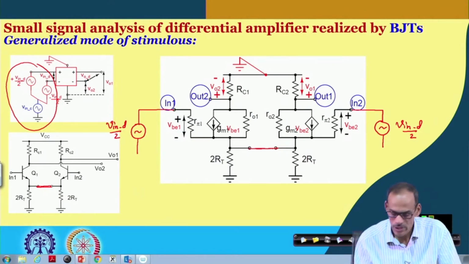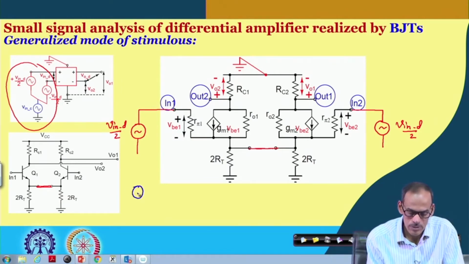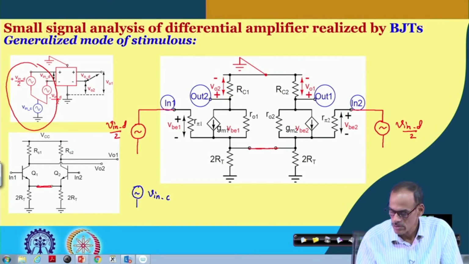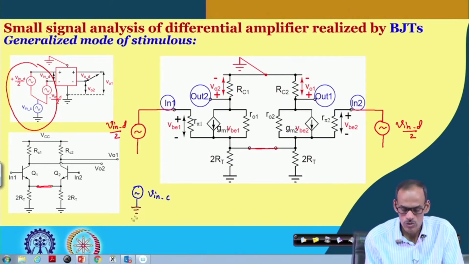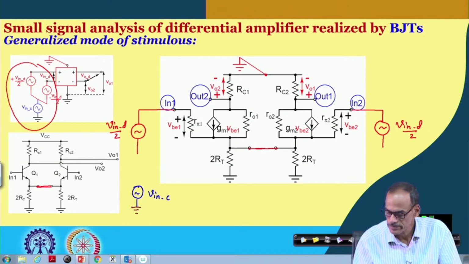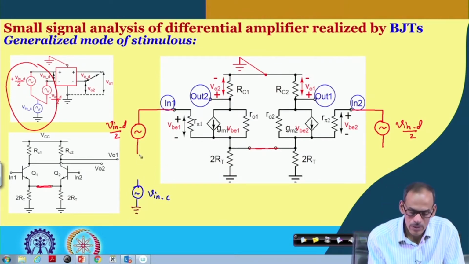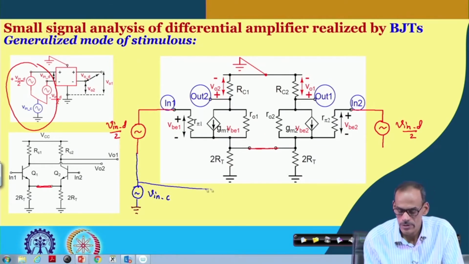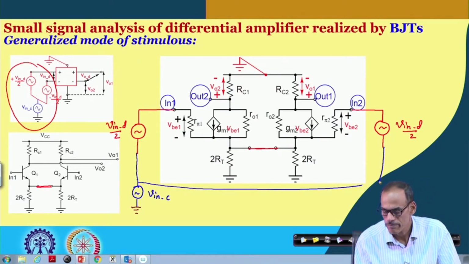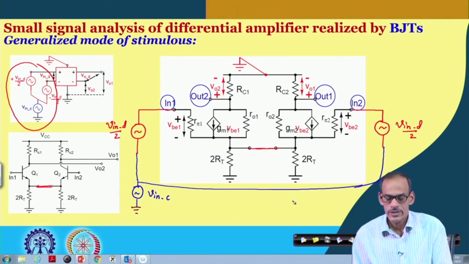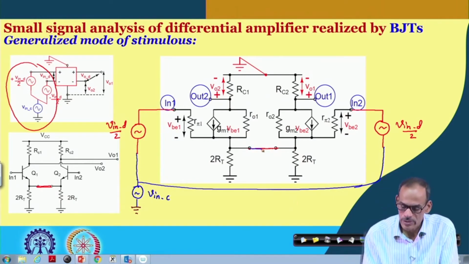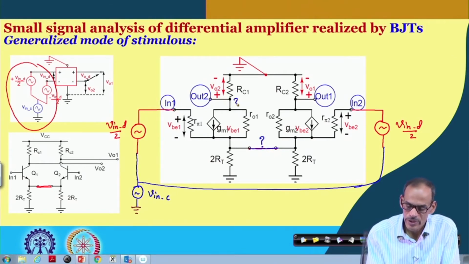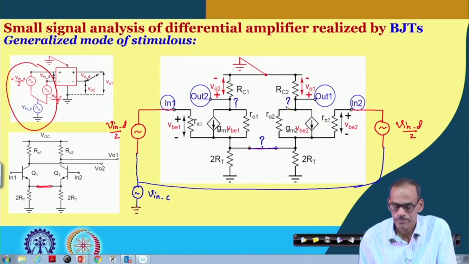Let me use blue color. So, V in C goes to both the inputs, here as well as here. Now, once we make this connection, let us see what the signal is here, here, and here.